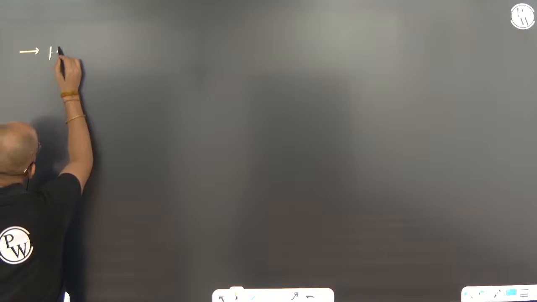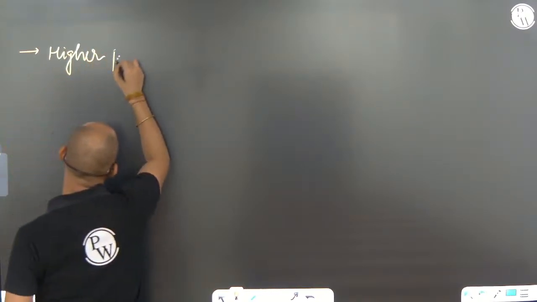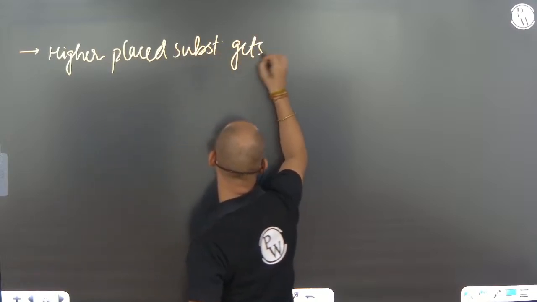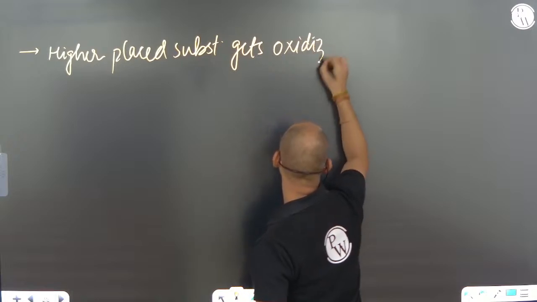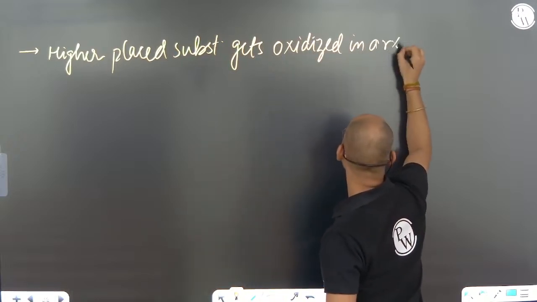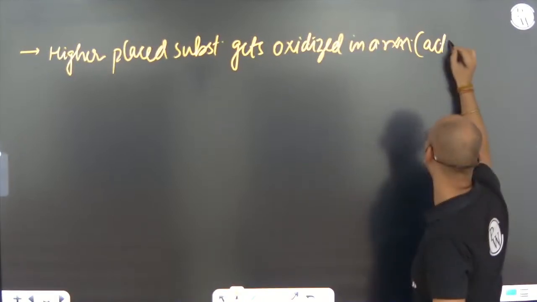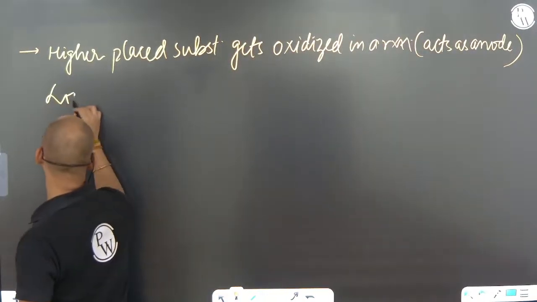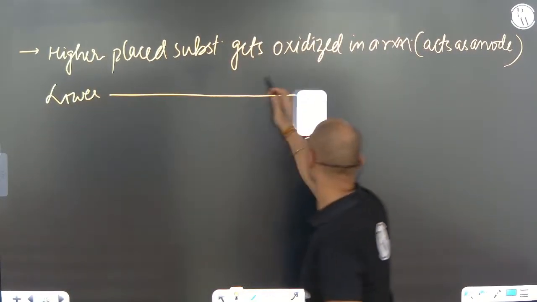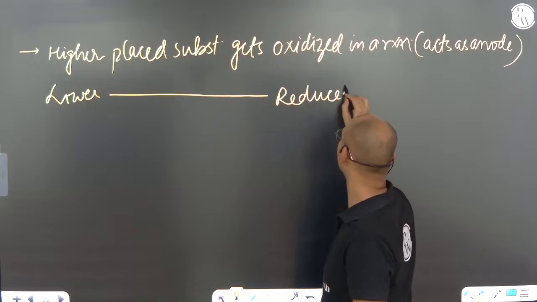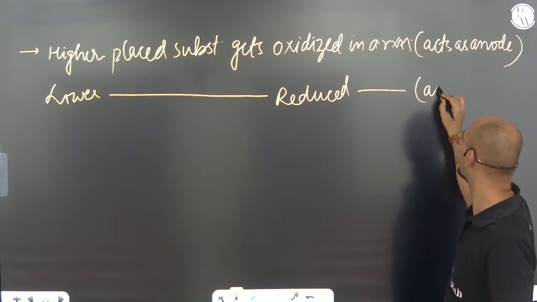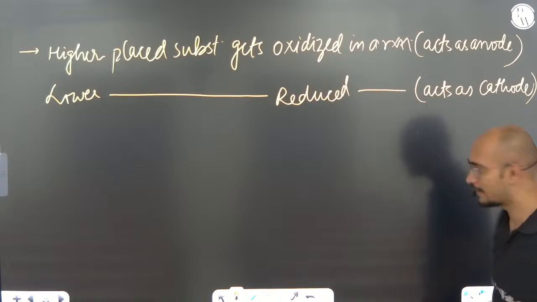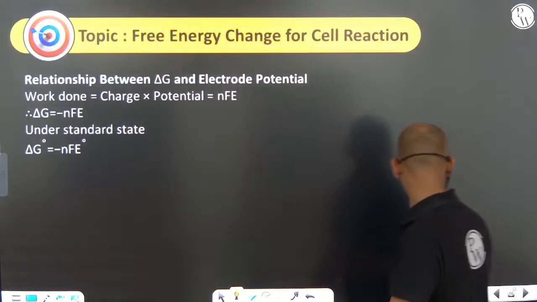So higher placed substance gets oxidized in a reaction, so therefore acts as anode, while lower placed substance gets reduced in a reaction, so therefore acts as cathode. Any doubt? No doubt? I hope so. It is a very easy and very understandable thing.